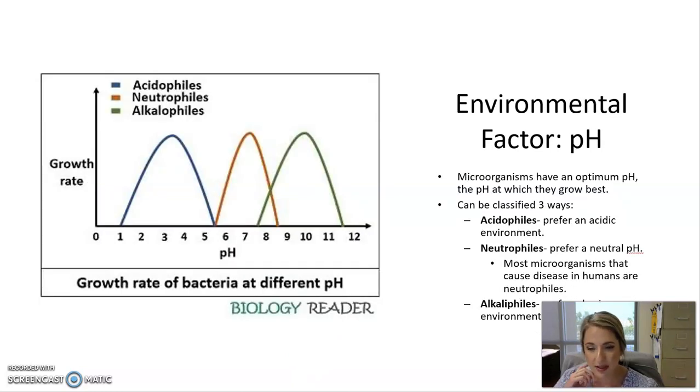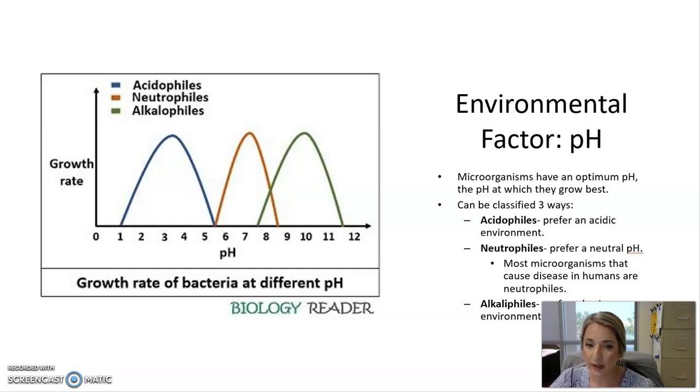We can also classify bacteria based on their pH preference. So some bacteria prefer a more acidic environment, whereas others prefer a more neutral environment. If a bacteria prefers an acidic environment, meaning lower on the pH scale, then those bacteria are classified as acidophiles.